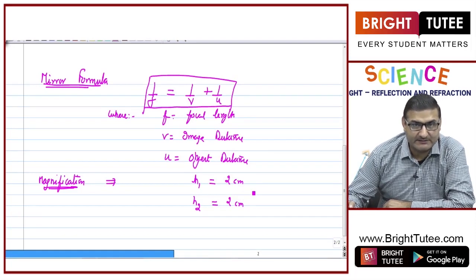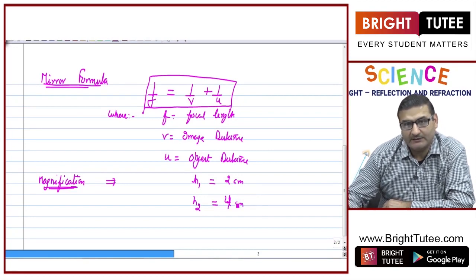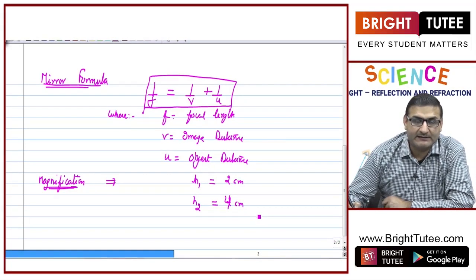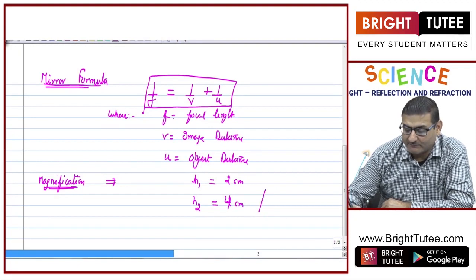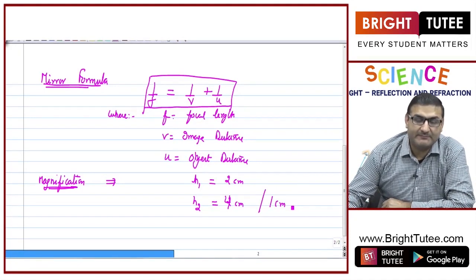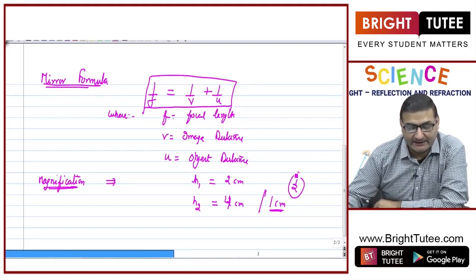This is the same size image, right? But if the image formed is 4 centimeter, now it is doubled. So I will say that this particular image is magnified, and how many times? 2 times, right? Similarly, if the image formed is 1 centimeter, I will say that the image is diminished, or it is half times magnified.